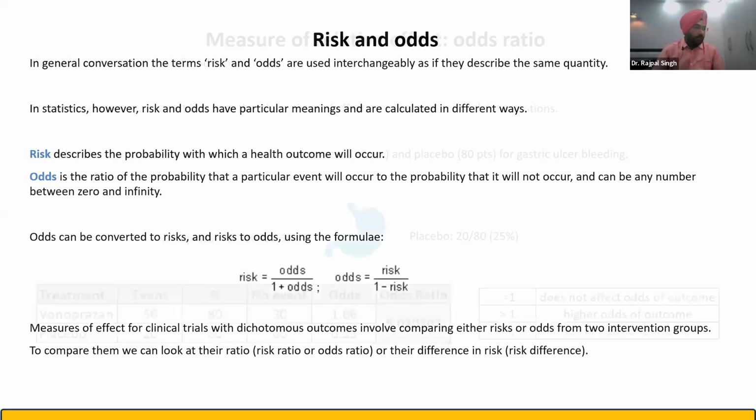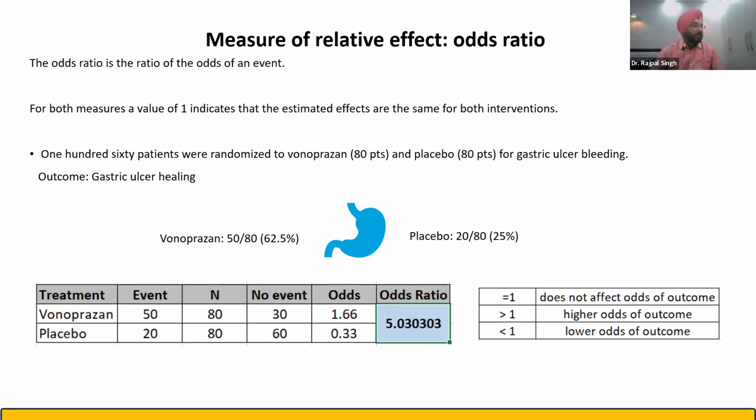So here, how to calculate an odds ratio. Odds is the ratio of having that event occur in that treatment arm. There were a total of 50 events in 80 patients, the same example. Now the number with no events is 30 patients. So the odds of having that event is 50 divided by 30, events divided by no events.